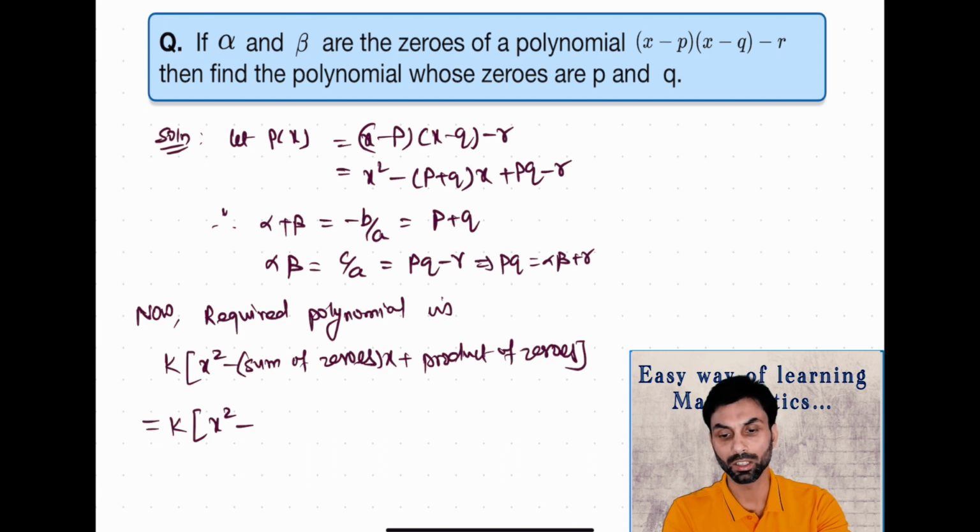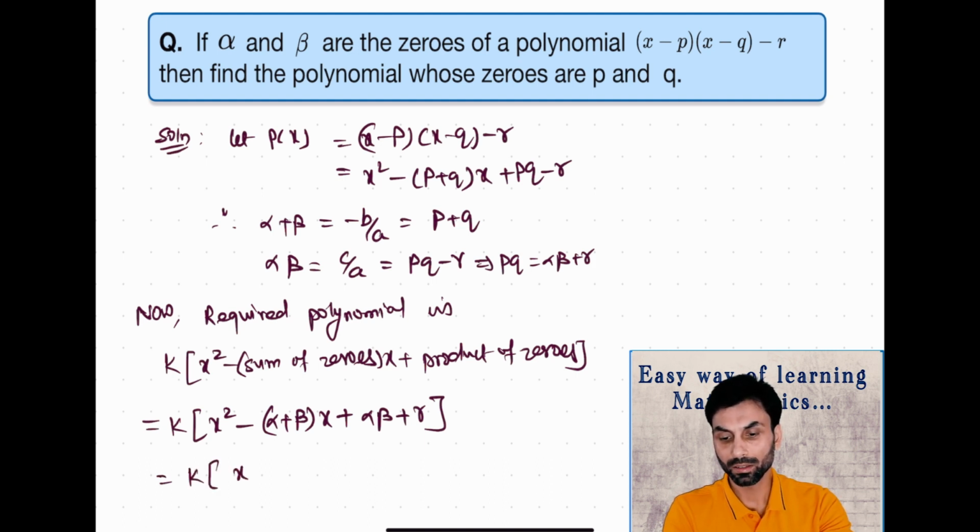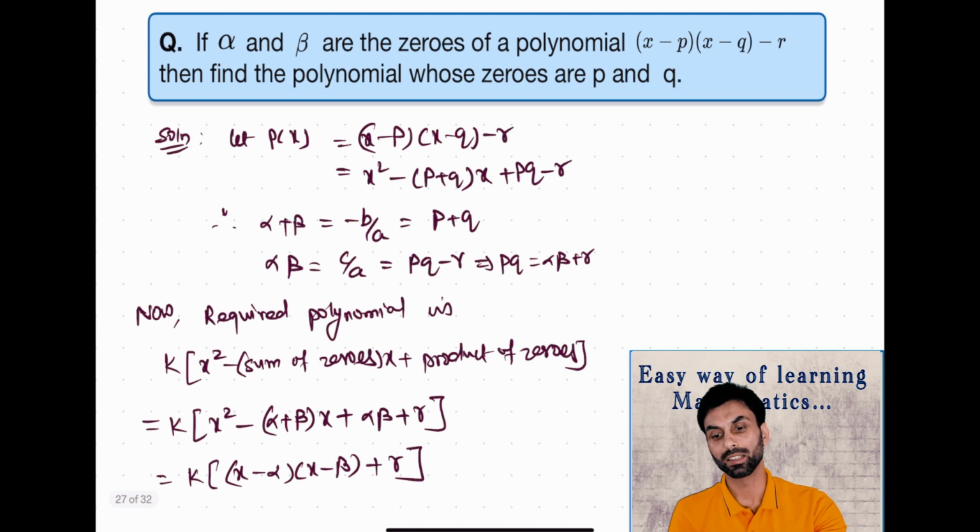So here the sum of the zeros will be equal to alpha plus beta times x plus the product of the zeros, which is pq, which equals alpha beta plus r, which will become k into x minus alpha into x minus beta plus r. And this is how we can obtain the required polynomial.